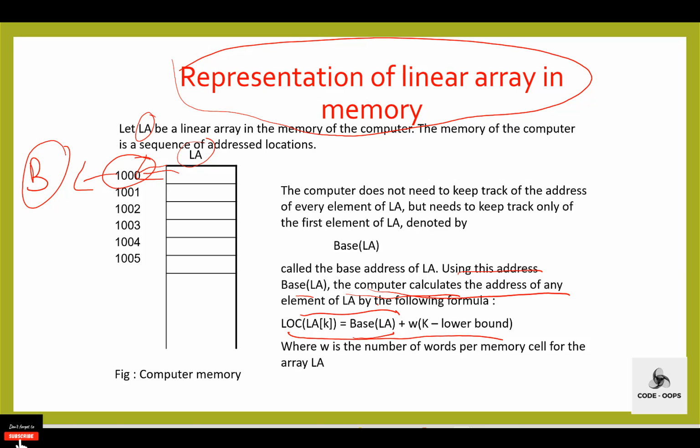Now in this case, base(LA) is the base address of the array and W is the number of words per memory cell for the array LA. If the array is of integer type, like int A[10], and an integer takes 4 bytes, then the value of W is 4. K is the index and lower bound is the smallest index of the array.